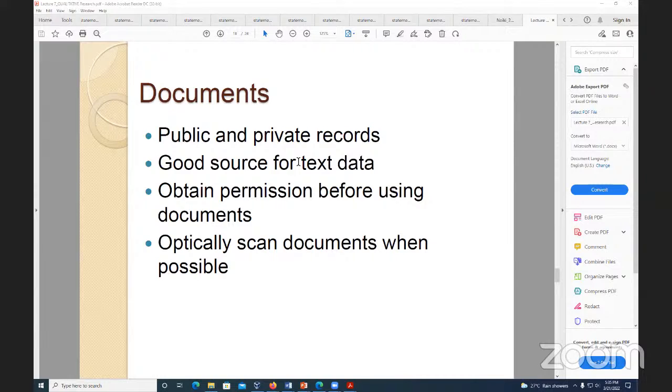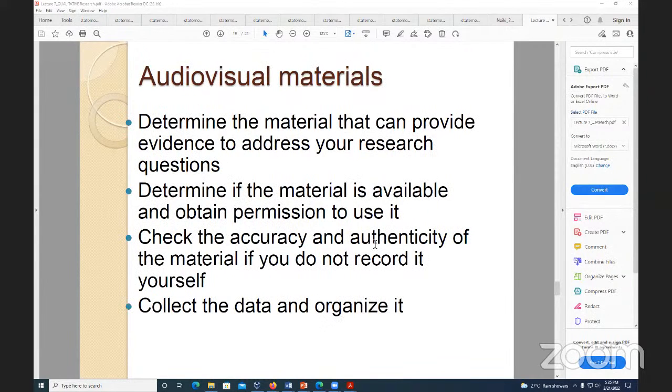Usually documents are good for text data if they are properly taken notes. Obviously you need permissions, and it's good to scan. If it's manual documents, scan them before using them so they don't get lost. For all the visual materials, you're going to determine if there's any material that can help with your research questions.